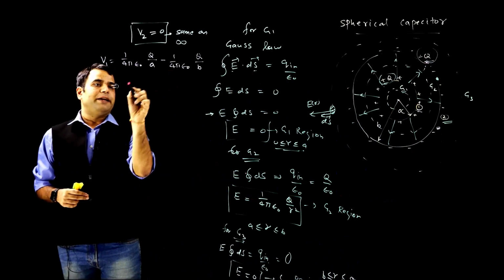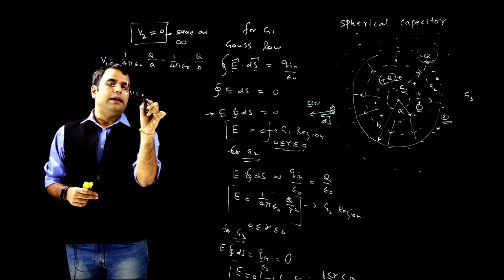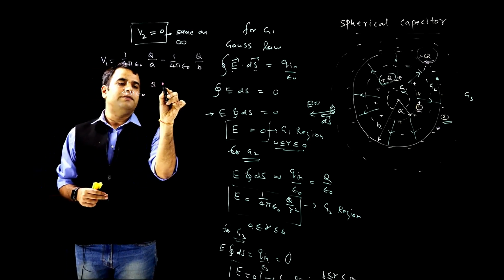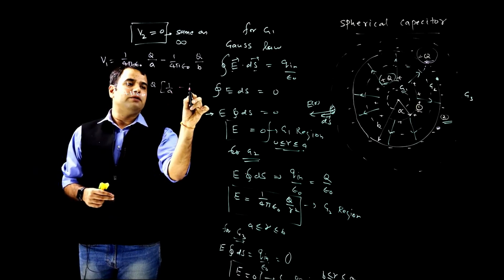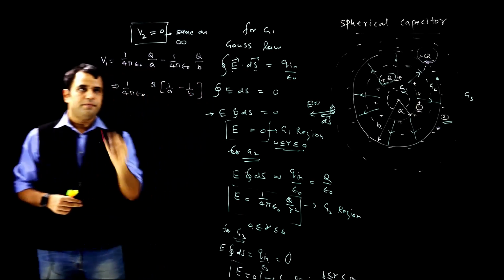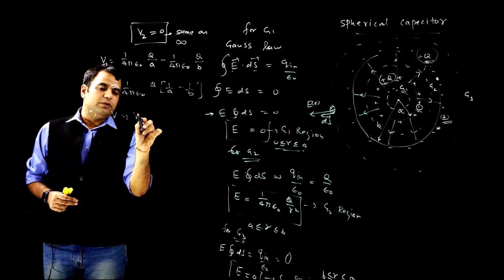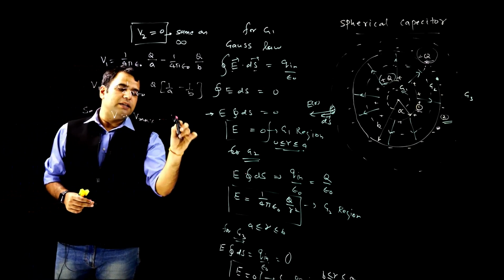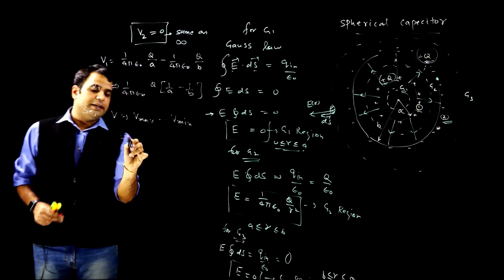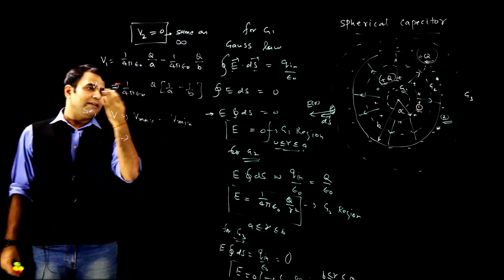So that becomes 1 upon 4 pi epsilon naught q times of 1 upon a minus 1 upon b. That is V1. So V will be equal to V max minus V min, and obviously V min is 0, V max is this value.